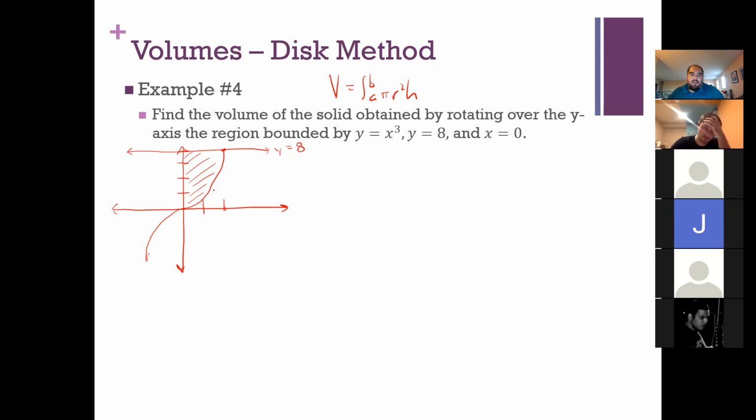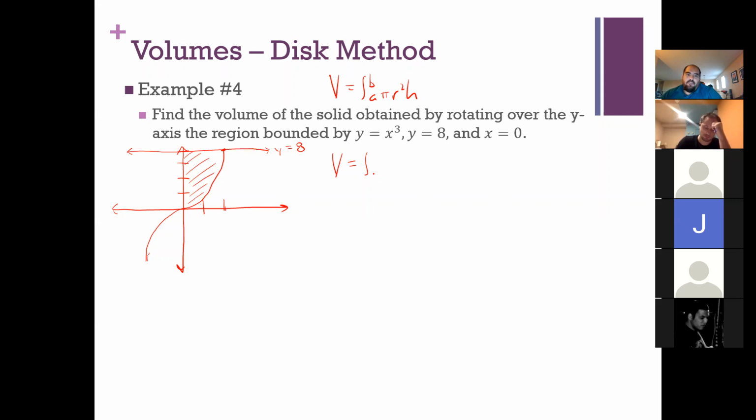For this integral we're about to set up, since I want to revolve this around the y-axis, what does that mean for my integral? You want it in terms of y? One in terms of y, right?